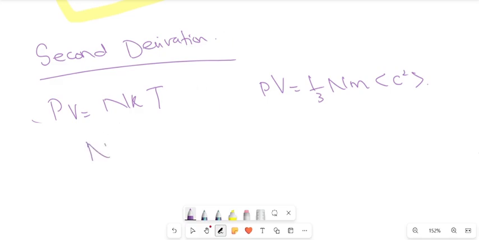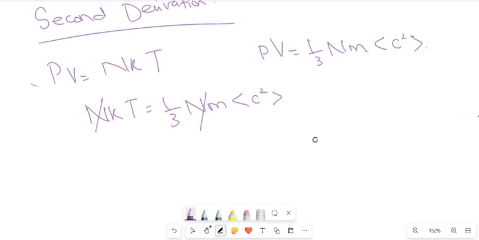I have NKT equals 1 by 3 Nm C square. I cut these N out and I have KT equals 1 by 3 mC square.